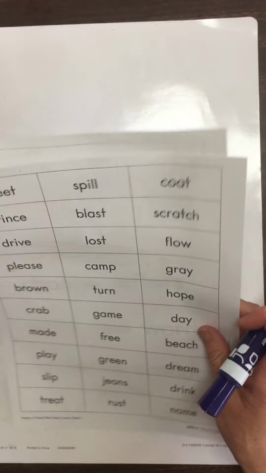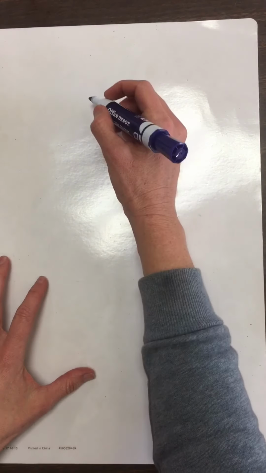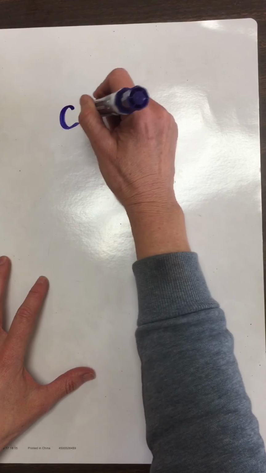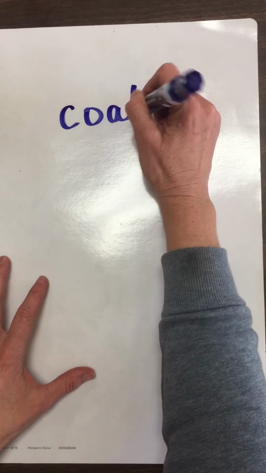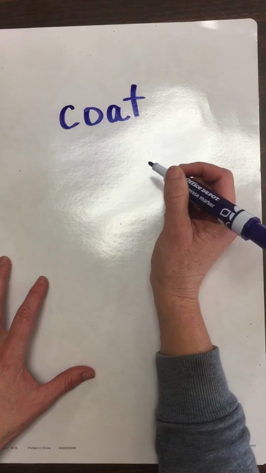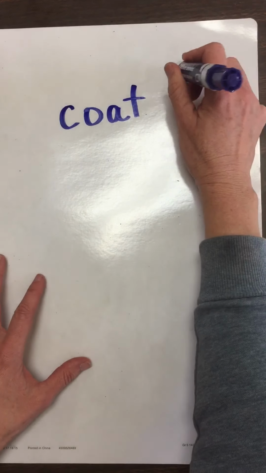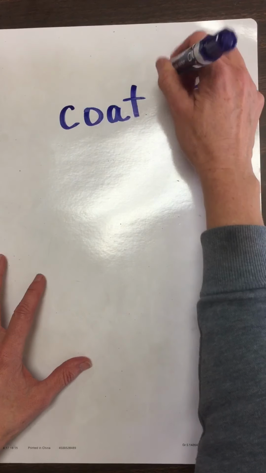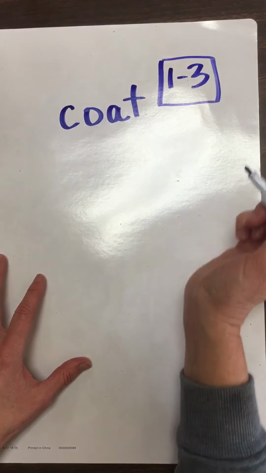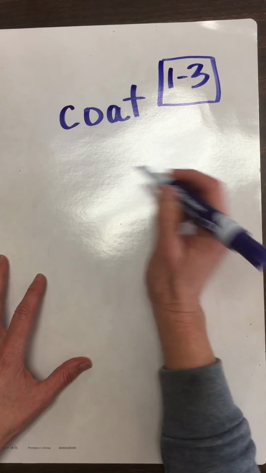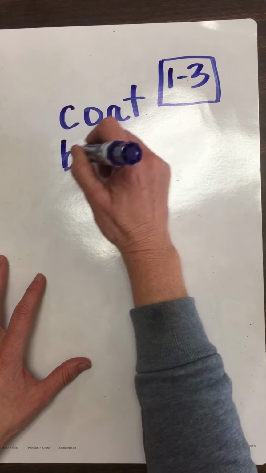So let's just pick one so that we can go through this, and I can help you see what it looks like. So for example, if we start with the word coat, well, we can choose anywhere from 1 to 3 letters to change in this word. So maybe what I want to change it to is boat.